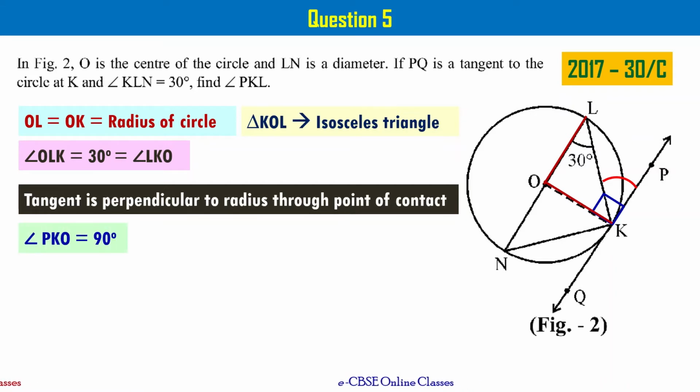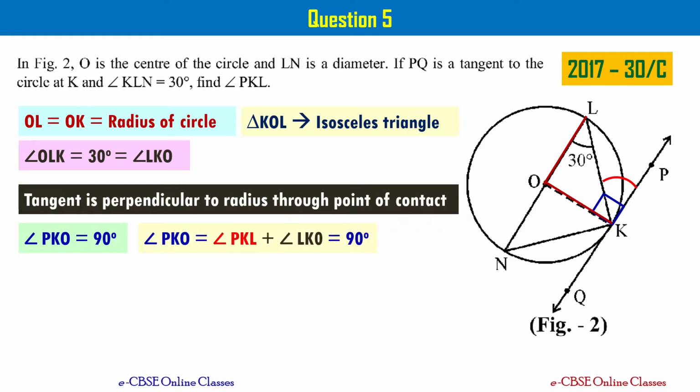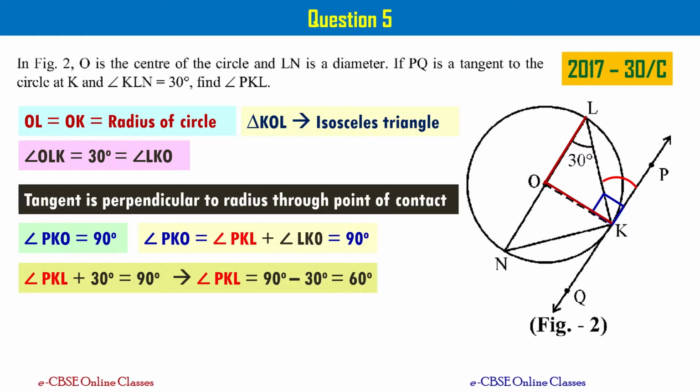It means angle PKO is 90 degrees. Angle PKO can be written as angle PKL plus angle LKO, right? Angle PKO is 90 degrees, we know, and angle LKO equal to 30 degrees. You substitute those two values and simplify such that you get angle PKL equal to 60 degrees. This is what we are asked to find.